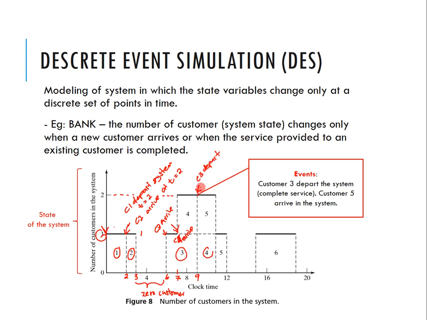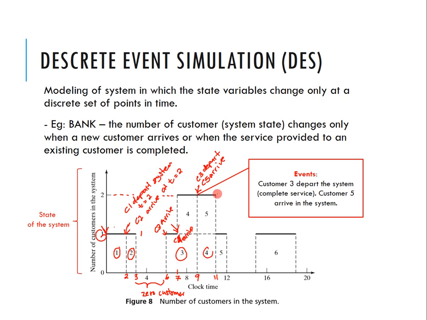At the same time, customer 5 arrives. So customer 4 is still in the system here. Now what happened at the next point in time, which is at time 11?